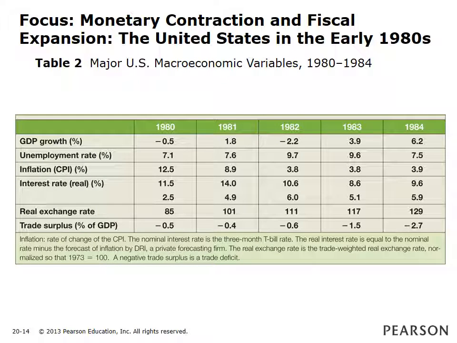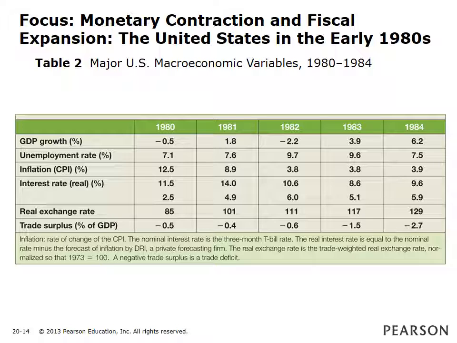Table 2 traces major macroeconomic variables from 1980 to 1984. We must remember that contractionary monetary policy was instituted in 1979 to control inflation. The effect of the contractionary monetary and expansionary fiscal policy was just as shown by Figures 20-3 and 20-4.